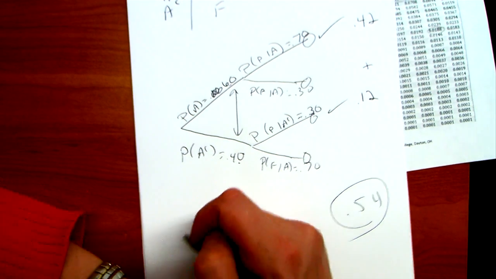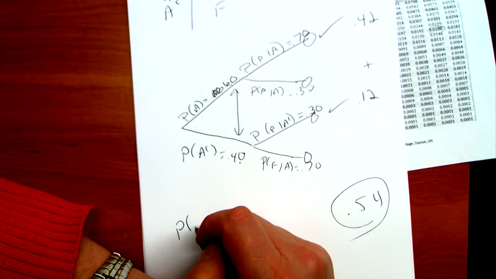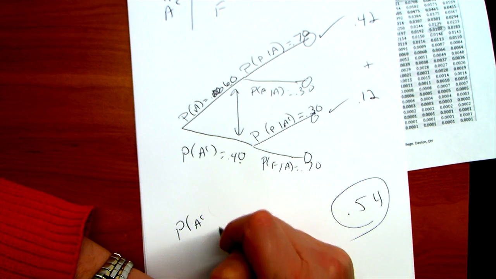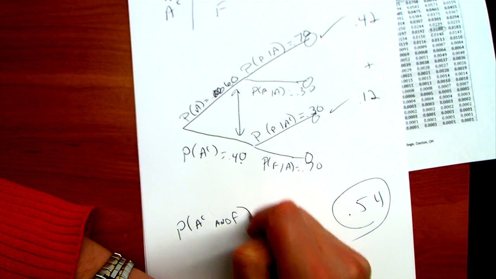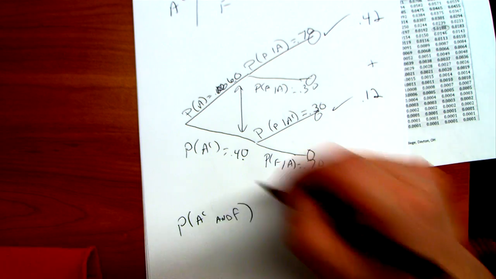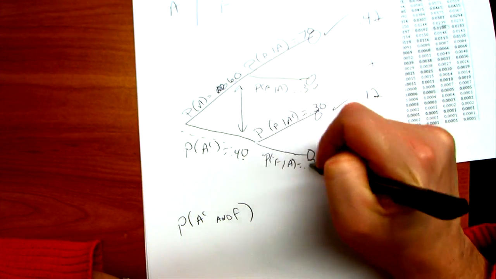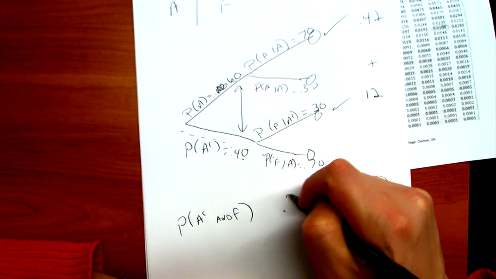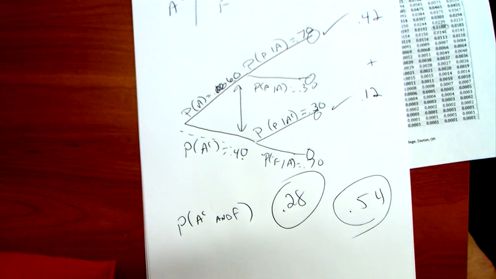If I asked you specifically what's the probability that someone doesn't attend and fails? If I asked you for the joint, how would I find the joint? Doesn't attend and fails. Max? You just follow it down the tree. 40% times 70% or 28%. So that one should be easy as well.